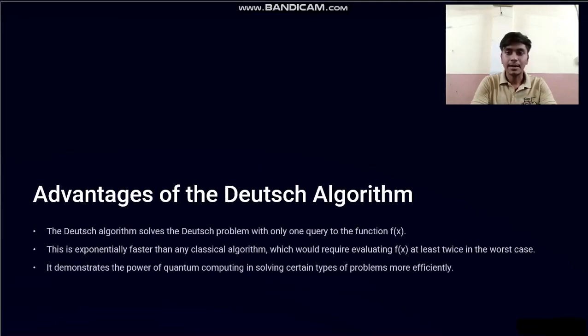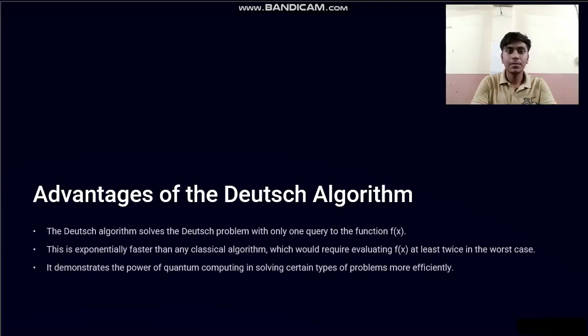Next, we look at the advantages of the Deutsch algorithm. Now, why is the Deutsch algorithm important? The Deutsch algorithm is important because it shows that quantum computers can be exponentially faster than classical ones for certain problems.